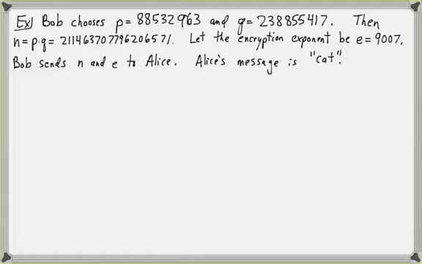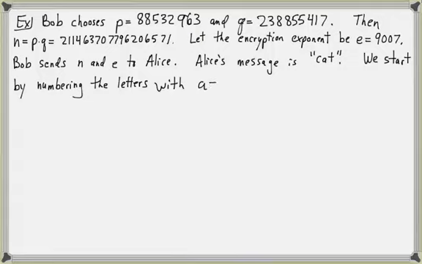We actually want to start numbering the letters with A as number 1. So A is going to be 01, B is going to be 02, C is going to be 03, all the way up to Z, which will be 26.